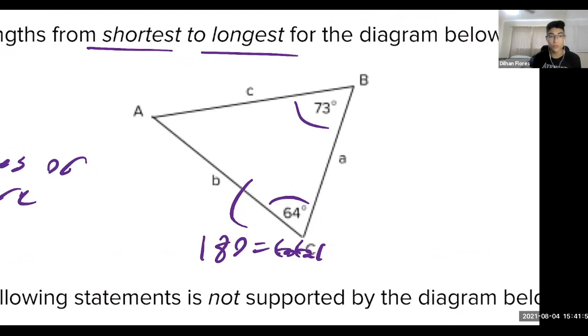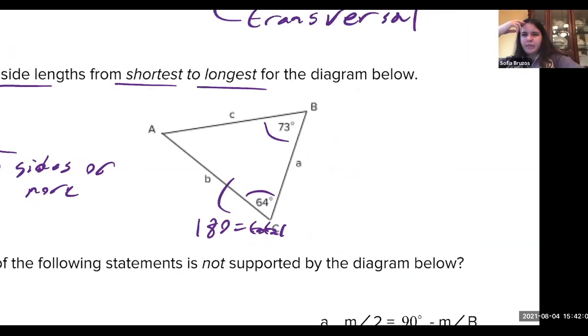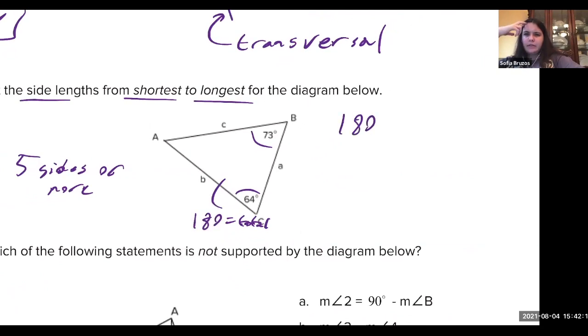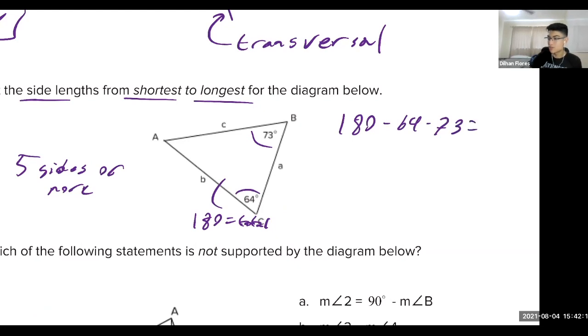We have our total. What can we do with it? So subtract the two numbers from 180. Exactly. Minus 64, minus 73. We can find, and what does that give us? What do we find by doing that? I'm not asking for the number.